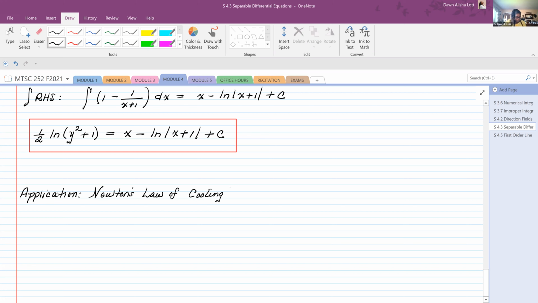Let's let T be the temperature of an object. So T equals the temperature of an object. And T naught is the temperature of the surrounding medium.